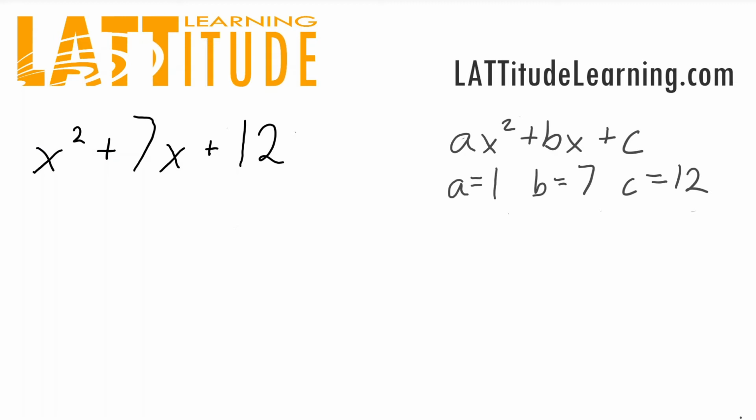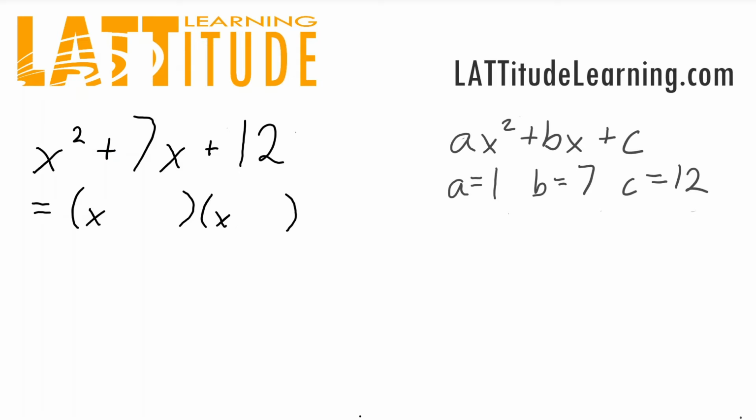So now I'm going to come back to the expression and set up the two binomials into which I'm going to factor it. And because a is 1, because there's no coefficient of the x squared term, I know that both binomials will just have x with no coefficient as their first term.